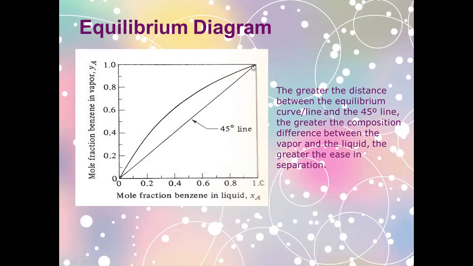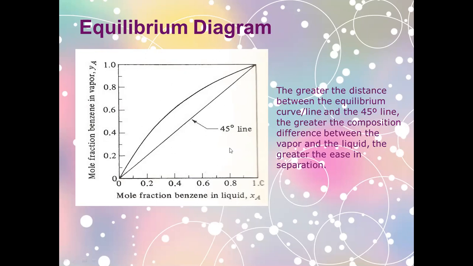So this is your XA versus YA. And then the 45-degree line is simply drawn by us as well. So what is just given by the problem, if the equilibrium diagram is not provided, is just a table that has the relationship between XA and YA.